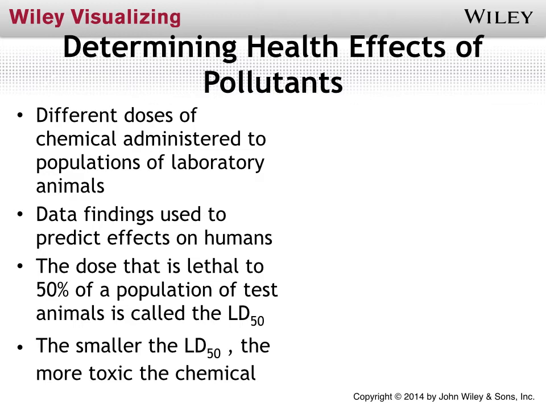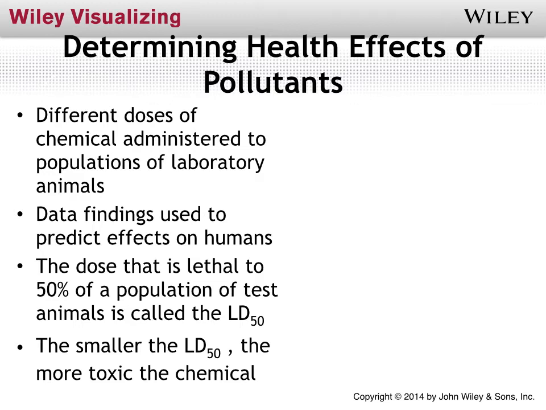So what comes from this testing then is we determine the dose that is lethal to 50% of a population, and that's called the LD50. So again, we figure that on average, if a certain dose has a lethal effect on half of the population, we've determined that to be the LD50.